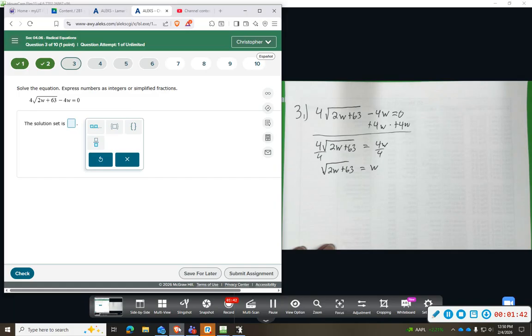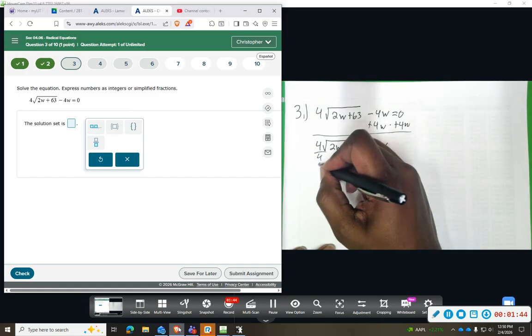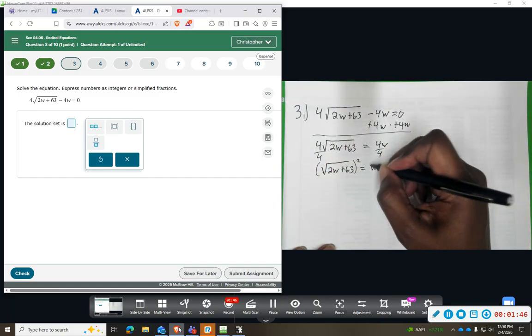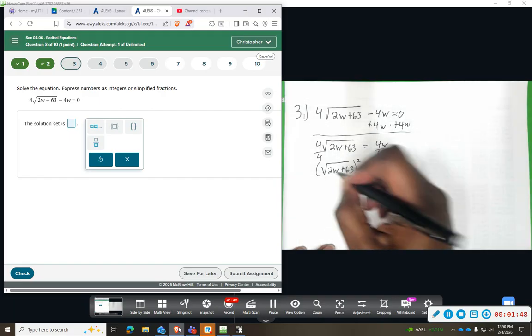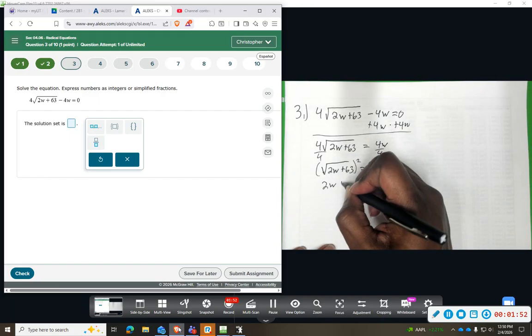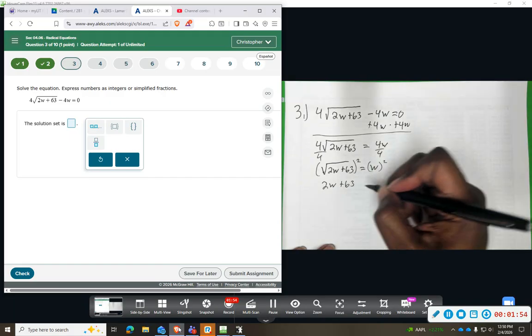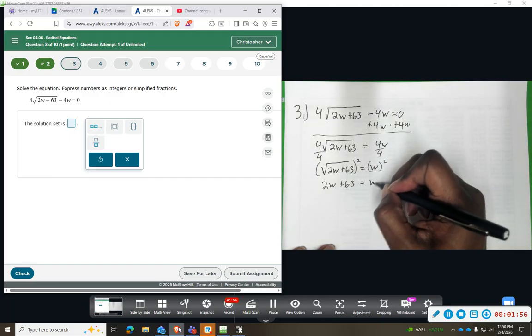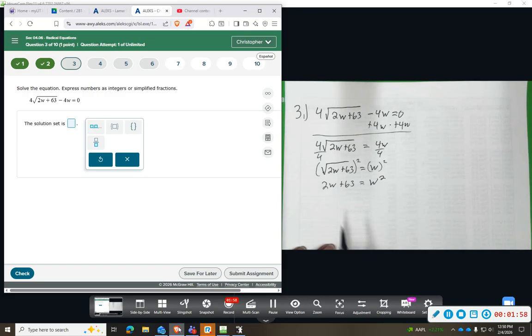And then from here, we're going to square both sides to get rid of that radical, and that will leave us with 2w plus 63 equals w squared.